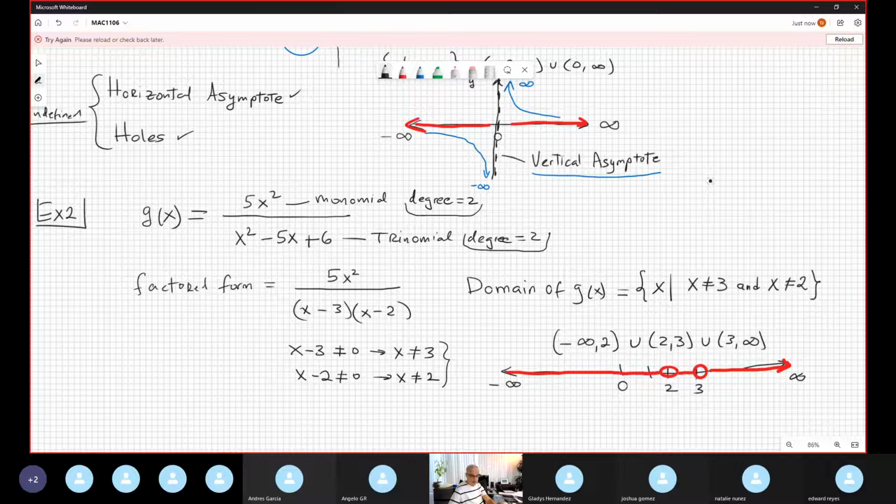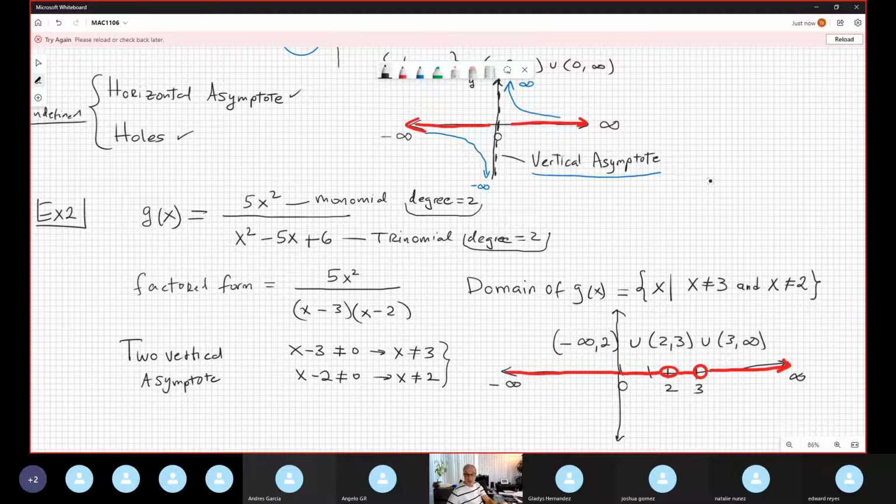Now, at those points, we have two vertical asymptotes. See, I analyze this in 2 dimensions. I included the y-axis here.